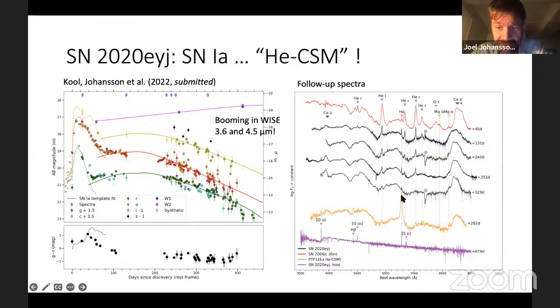And if you look at the spectra here, you start to see these narrow, strong emission lines, and these are from helium, which we've never seen for a type Ia supernova before. We have seen a few of these Ia CSMs, which are crashing into hydrogen-rich material, but here there is some hydrogen as well, but mainly extremely strong helium lines.